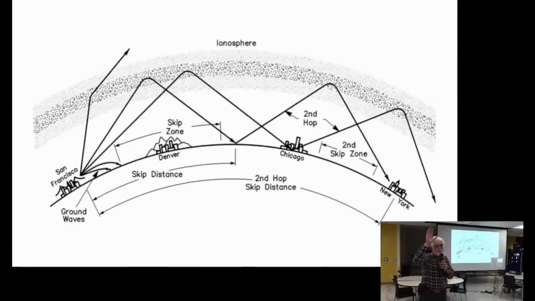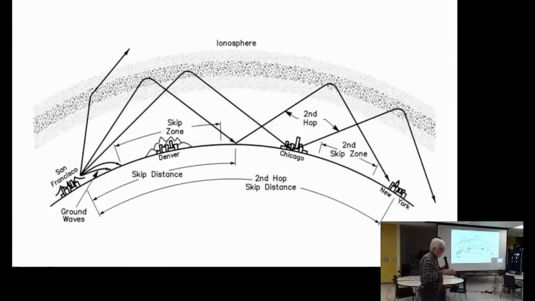So you get a certain range of takeoff angles that come back down to the ground, but between you and where they come back down, there's nothing. So you have what is called a skip zone. You get no signal in that area, and you can get a second bounce off the ground up again in the second hop and get a second signal.